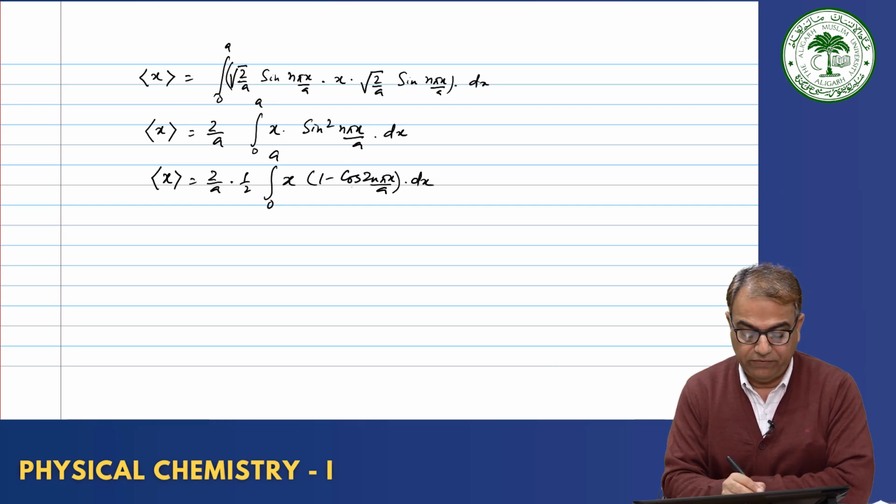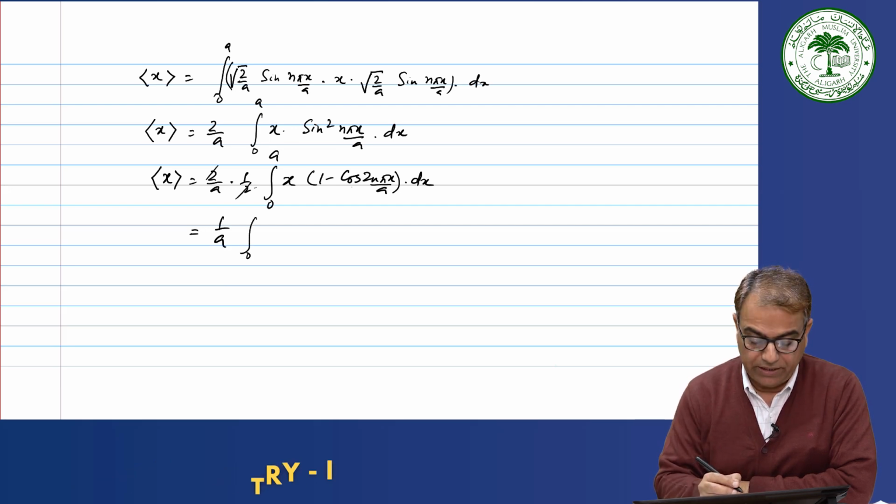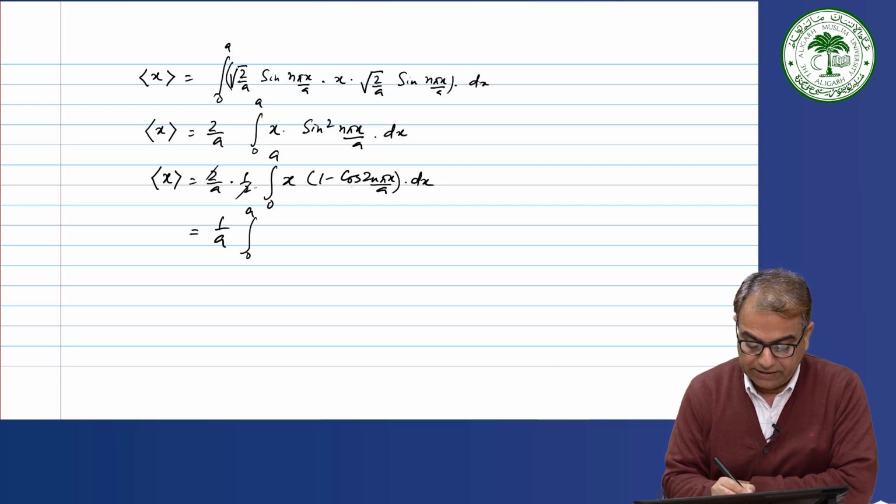Okay, 1 by 2 I have brought here. So this you can write as 1 by a. I am writing every step because I don't know who is looking at these modules, so I am writing all the steps. So this you can write as x minus x into cos 2 n pi x upon a dx.